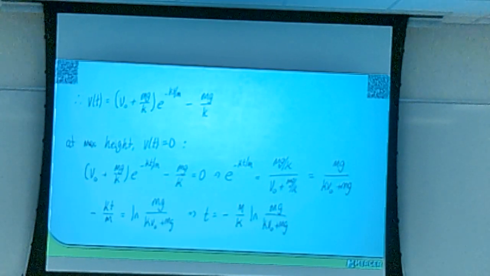V naught we know is positive because it's being launched upwards. If that natural log is positive, k would have to be negative.